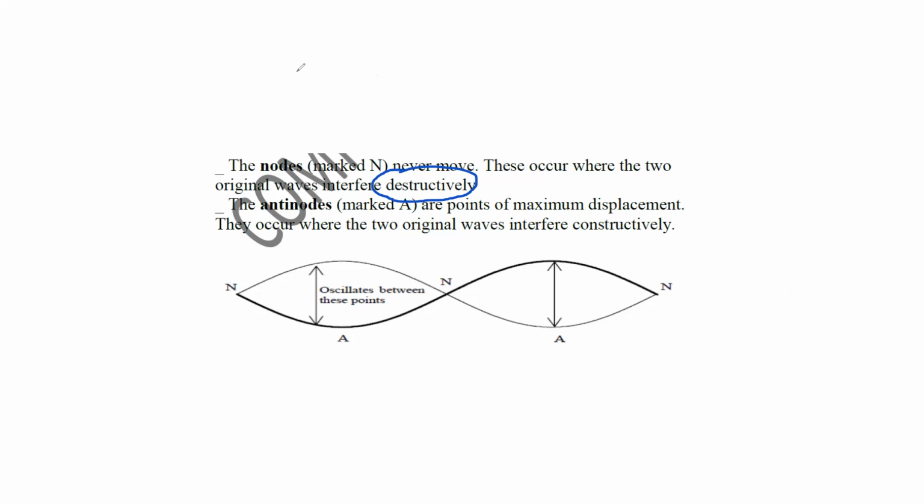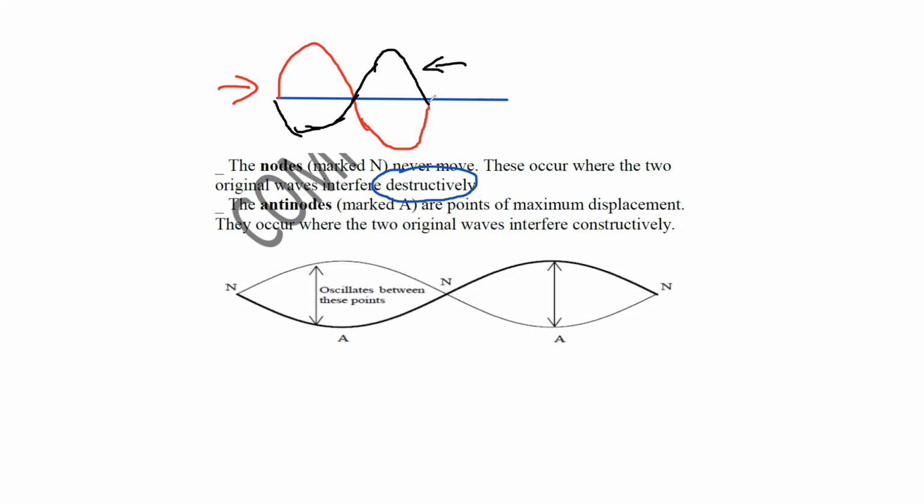For example, we have two waves which are traveling in opposite directions. Say the red one represents one wave which is moving towards the right hand side, and the black represents another wave which is moving towards the left hand side.